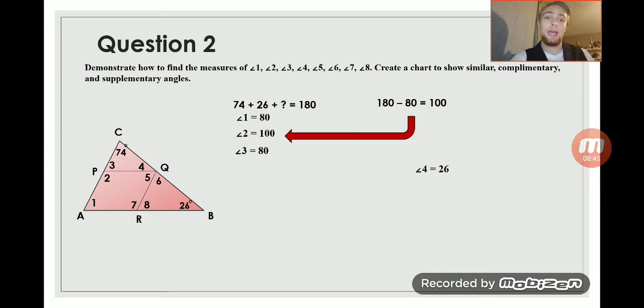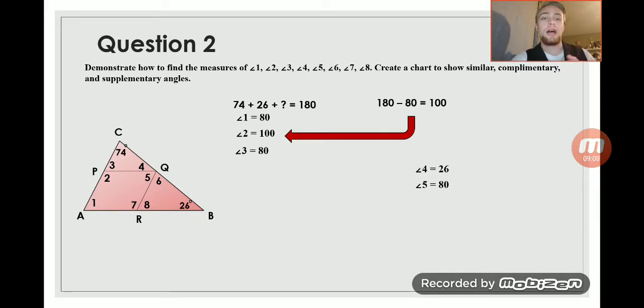If you look down at point B, the bottom right of the triangle, you can see 26 degrees. Angle 4 and point B are the same angle. They are corresponding angles. So, of course, angle 4 is going to be 26 degrees, the same way that point B is.